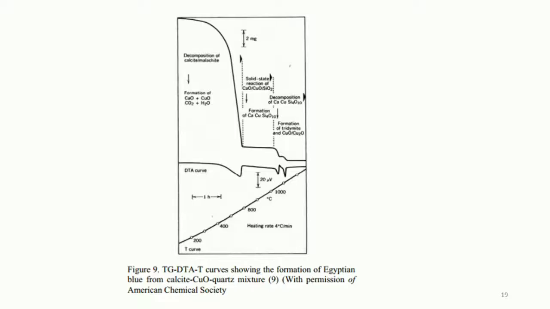These crystals are similar to some Egyptian blue samples obtained from archaeological excavations. This is the TG-DTA curves showing the formation of Egyptian blue from a calcite, copper oxide, quartz mixture.